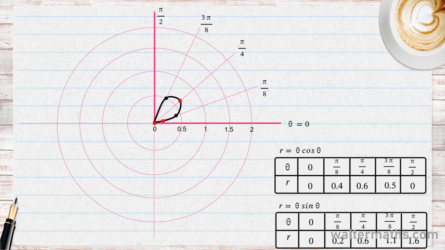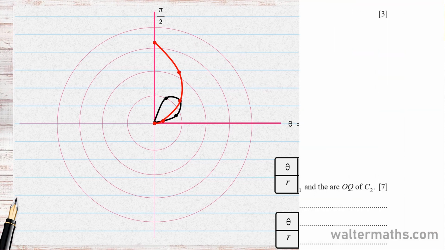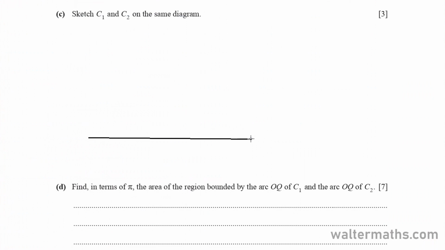When theta is 3 pi over 8, r is 1.1, so the value should be somewhere around here. And lastly, when theta is pi over 2, r is 1.6, so the point should be up here. So if we join the points, then it should come out like this. So we now have the two graphs sketched. So let's put this on paper.